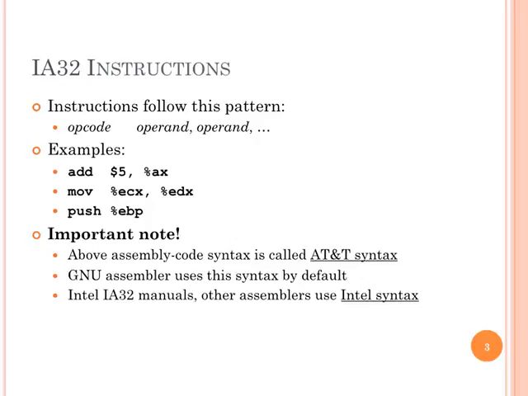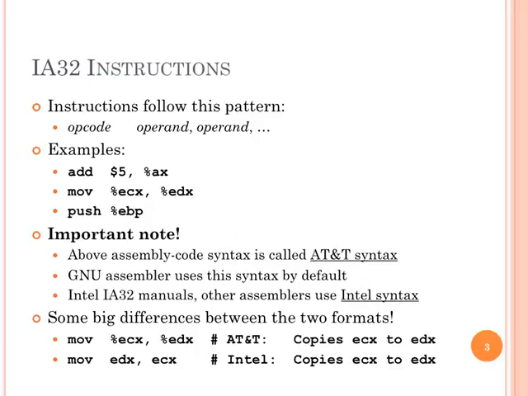I believe there's a way to switch it into Intel syntax, and if you have TAs that are also double E's, which there are a few, then they probably will help you figure it out, because they may prefer to grade Intel syntax. But I prefer AT&T syntax, so that's what we'll use in the lectures and the assignments and so forth, at least in the write-up, so just be aware of that.